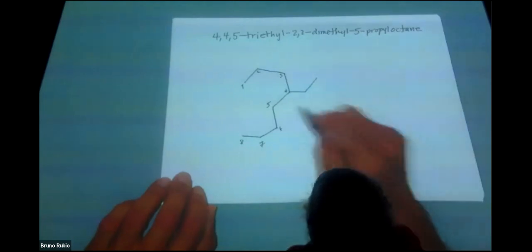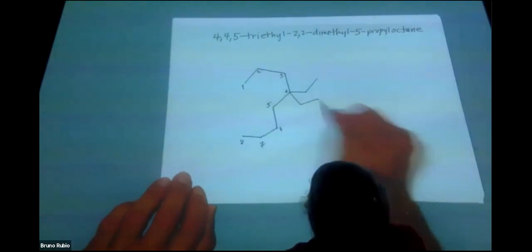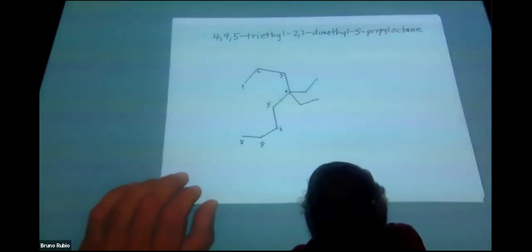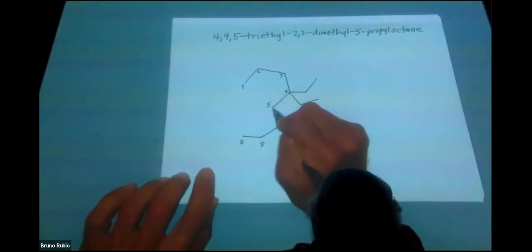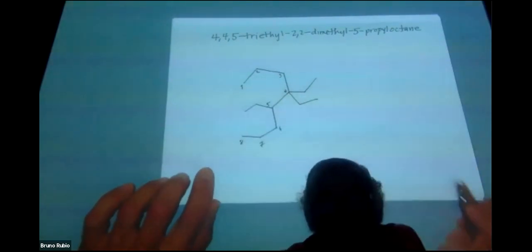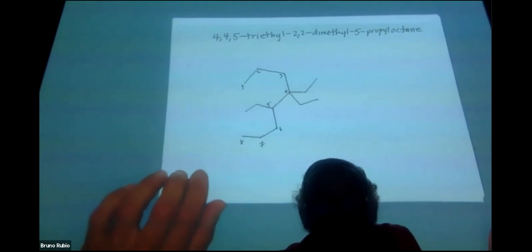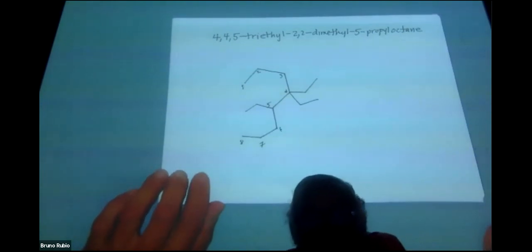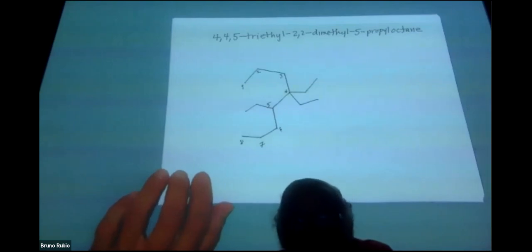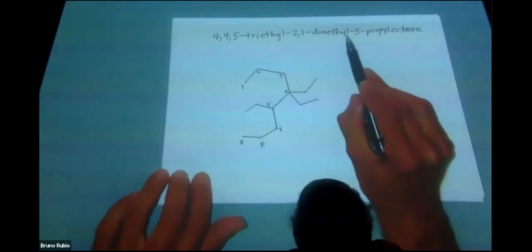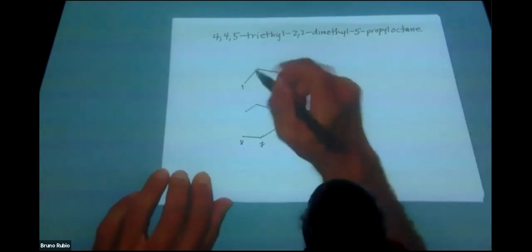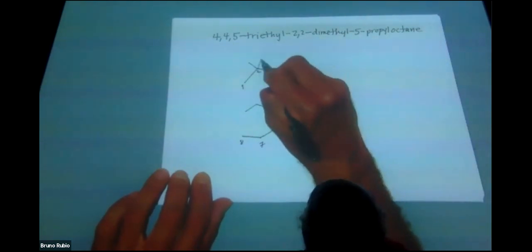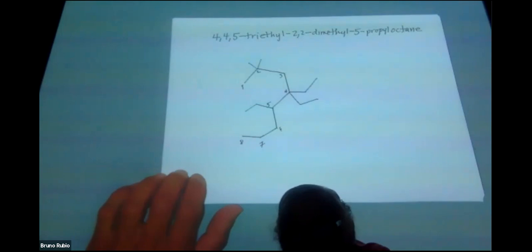At carbon 4, I have another ethyl substituent. At carbon 5, I have yet another ethyl substituent. So that's 4,4,5 triethyl. At carbon 2, I have 2 methyl substituents.